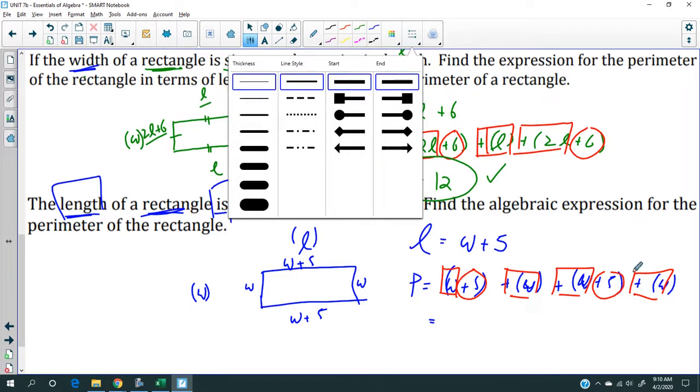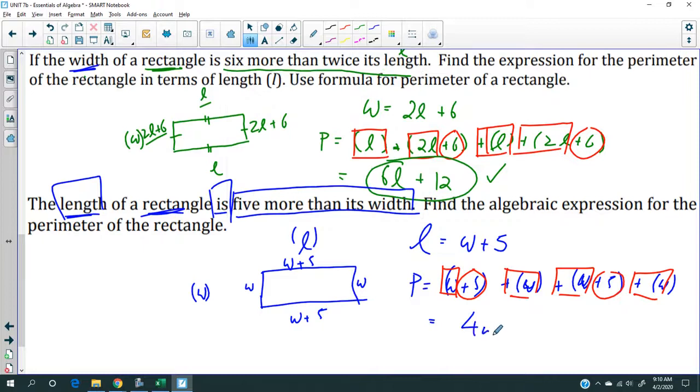So W, 4W, right? 5 plus 5, 10. There you go, all right? So if you get it right, congrats. You can pat yourself on the back. Absolutely fantastic if you get this right, okay? Not easy, because first of all, I switched this on you, right? So if you can do this, then you could probably do the rest.